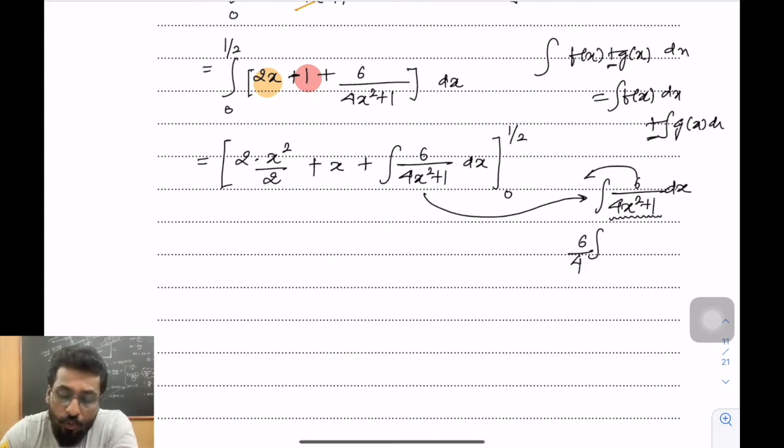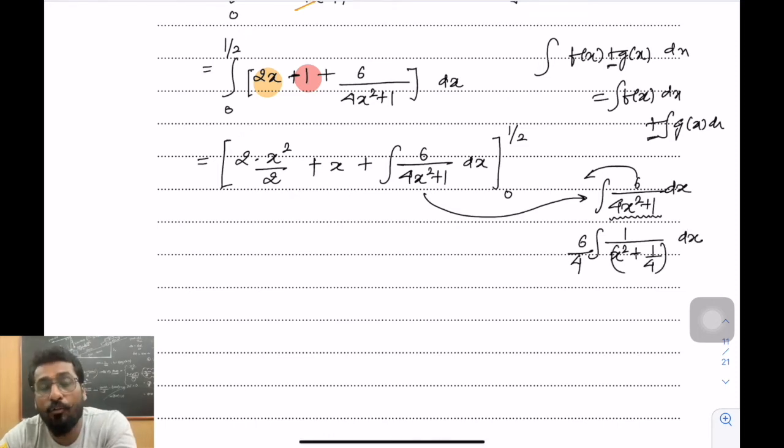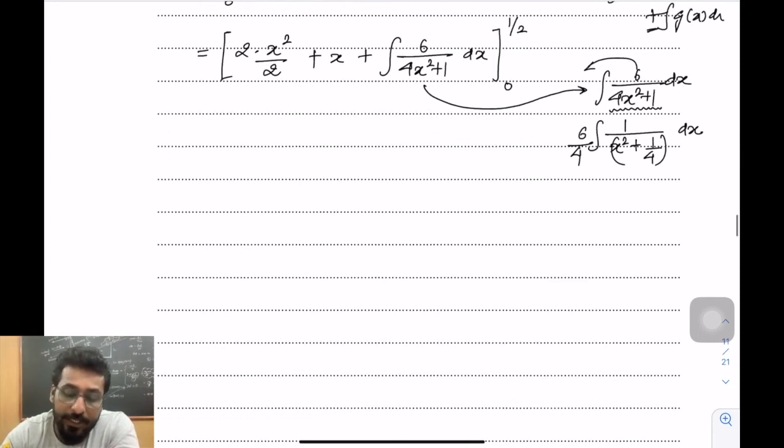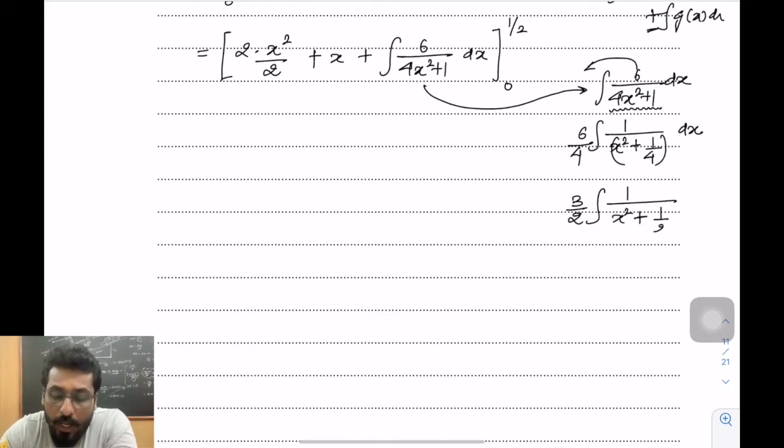So I take out the 4 common, and you get x² + 1/4 dx, right? So that's 6/4, which is 3/2, times the integration of 1 upon x² + 1/4, and 1/4 is (1/2)², dx.